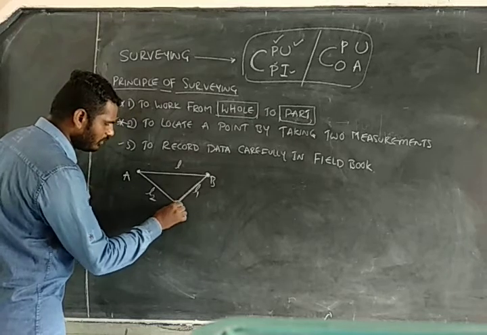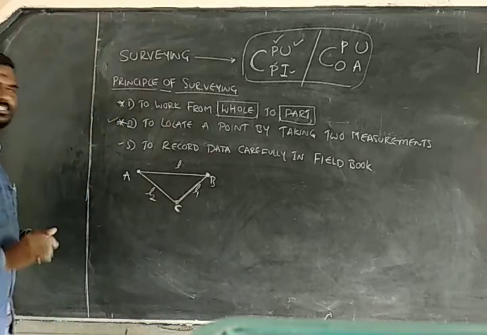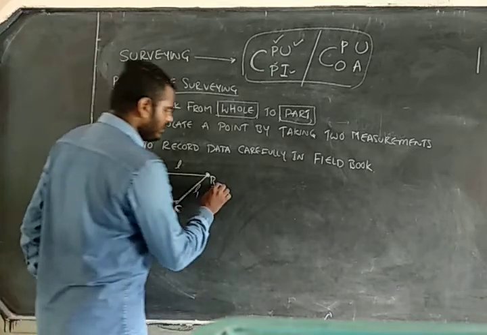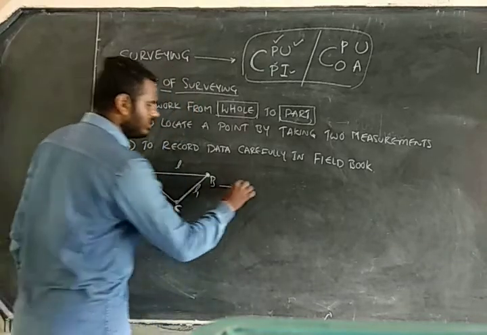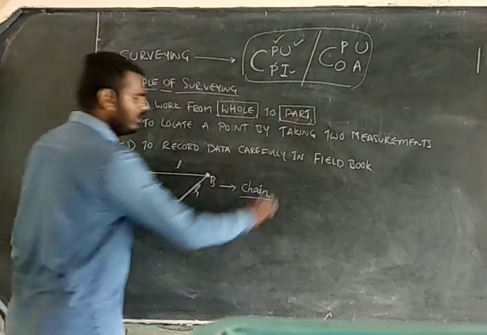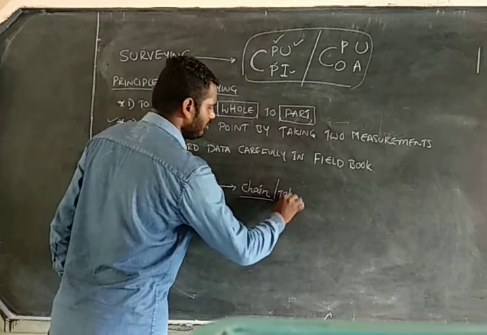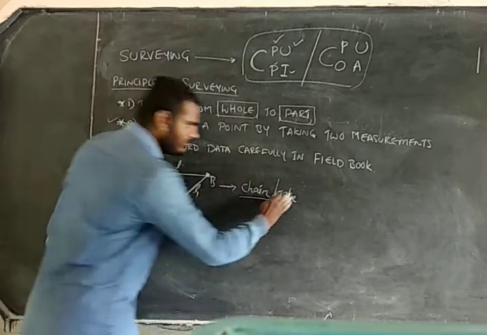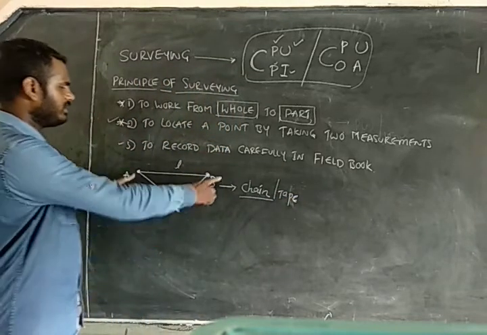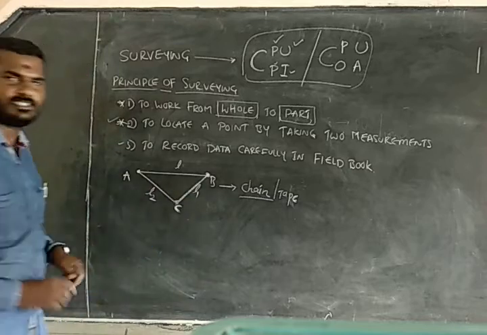So you can locate a new point, and that new point is C. So this is one method. This can be done by using a chain, or you can also do this by using a tape. So by using tape or chain, you can measure and mutually connect the point C.